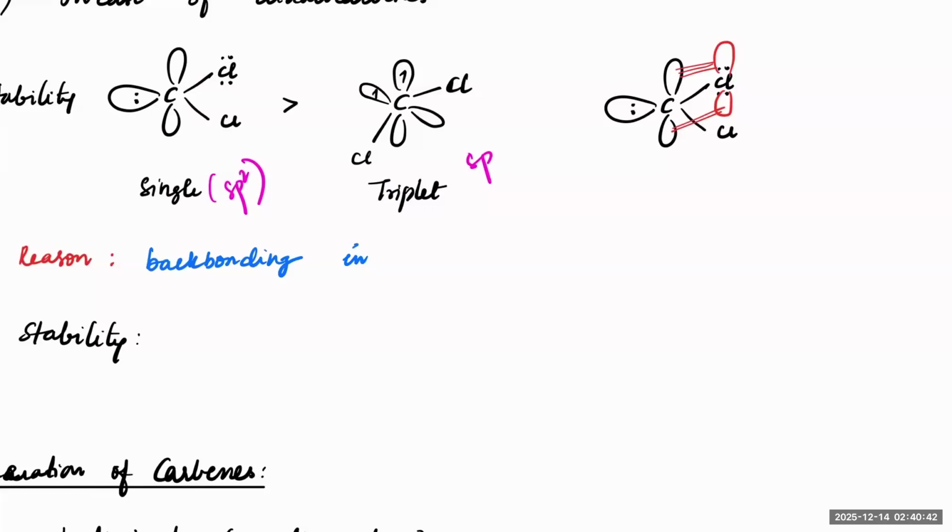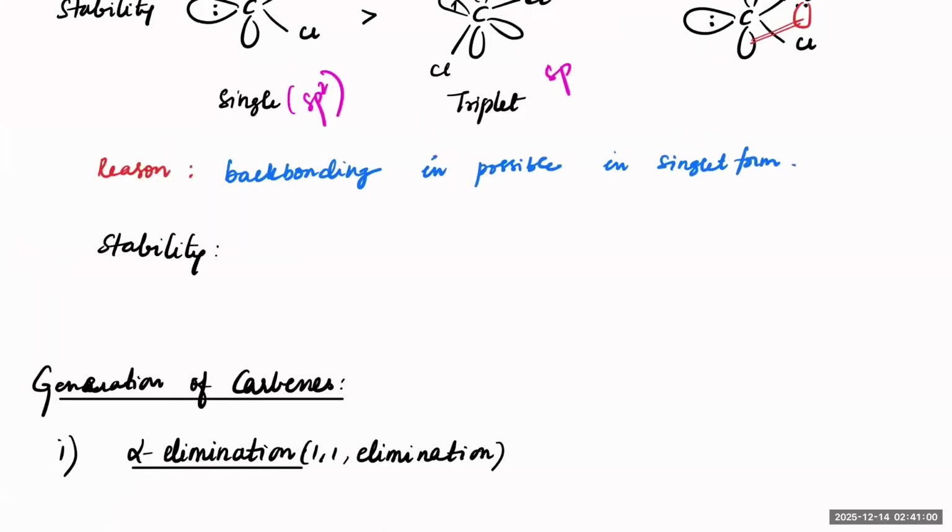See, back bonding is possible in singlet form. Next, if we compare the overall stability here, we will see CF2 greater than CCl2 greater than, right?